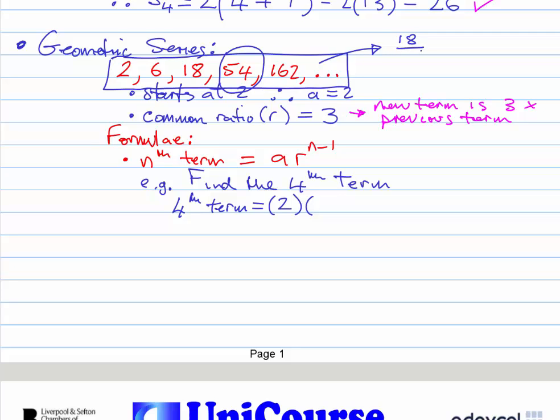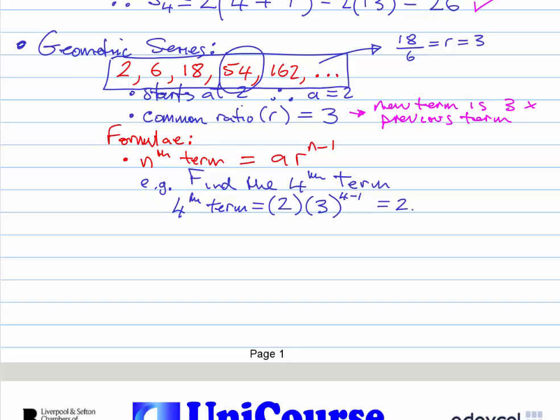If you're just given the series like this, then you work out the common ratio by getting one term divided by the previous term. So we could pick 18 and divide it by the previous term, which is 6, and you end up with R equals 3. And you could do the same with 162 over 54.